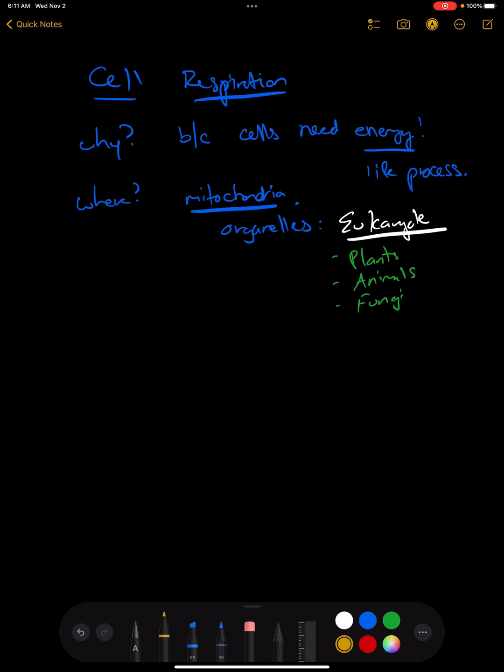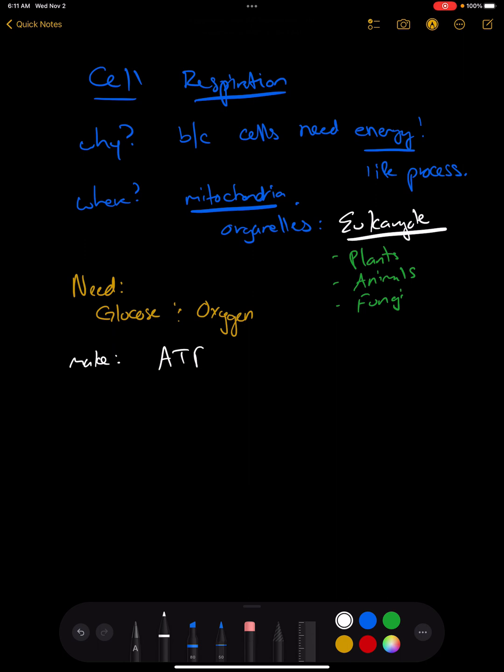Since this is going to be a reaction, we need to talk about what we need, okay? What I need for cell respiration is glucose, and I'm going to need oxygen. We'll talk about why we need oxygen in just a little bit. And what is the purpose? What am I making in this reaction?